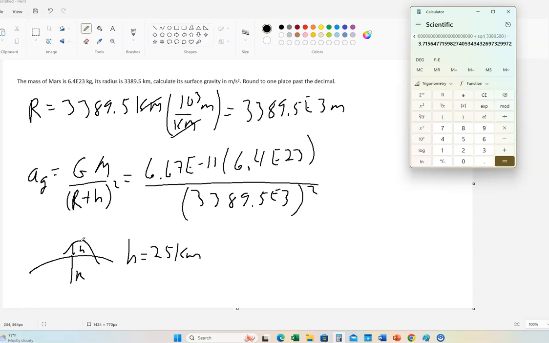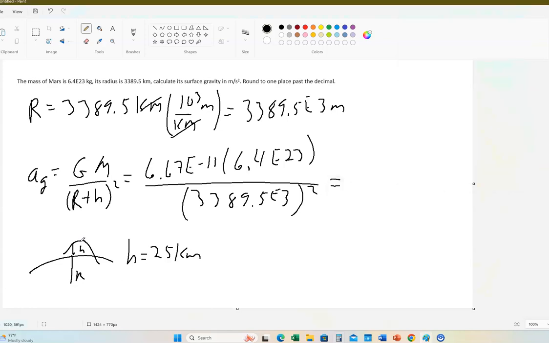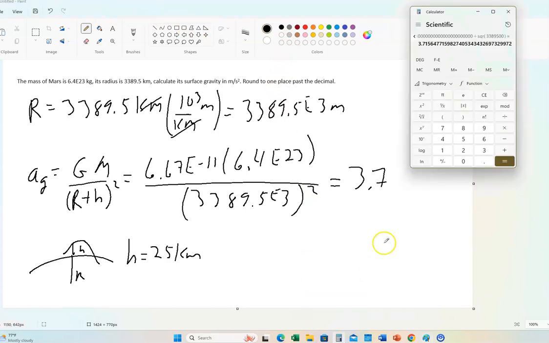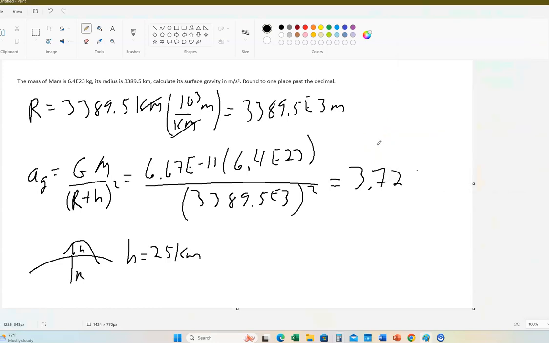So I'm going to round this to 2 places past the decimal, just to compare in a moment. I didn't really look at the calculator very well. If I can find my calculator, here we go. 3.715, so it'd be 3.72, and of course the units are meters per second squared.